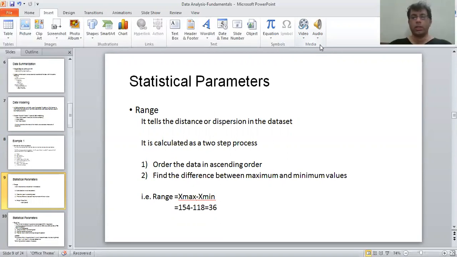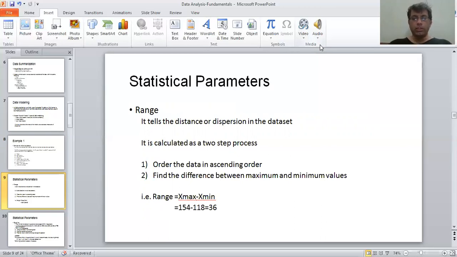Now what is a range? Basically, range means the distance. So when we are finding the range in the data set, we mean to find the distance from the lowest value to the highest value, or from the minimum value to the maximum value.